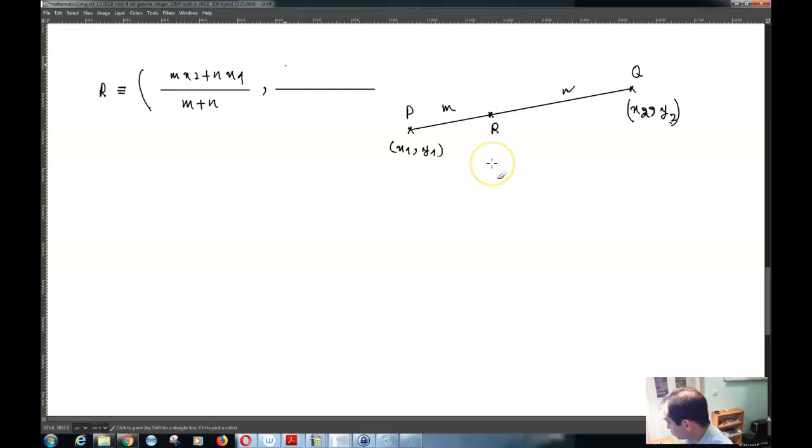Now what we want to do is find out the point lying on the extended line AB.